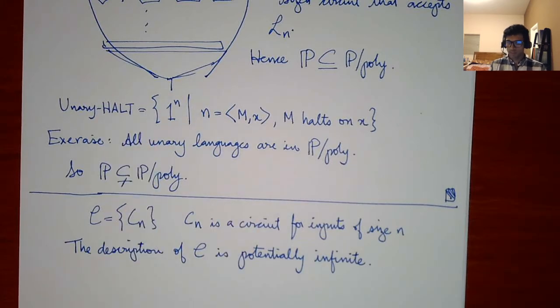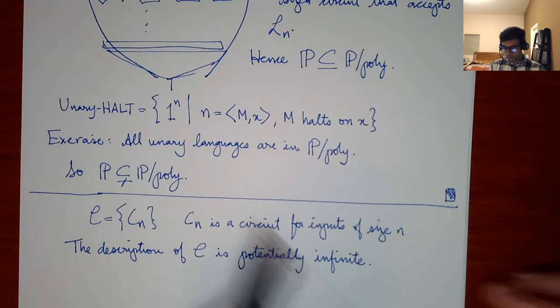Can't you have a circuit in some circuit family that accepts a certain n where m halts on x, without worrying about unary, and doesn't accept other n's? No, the problem is there has to be one circuit for all inputs of a given length.